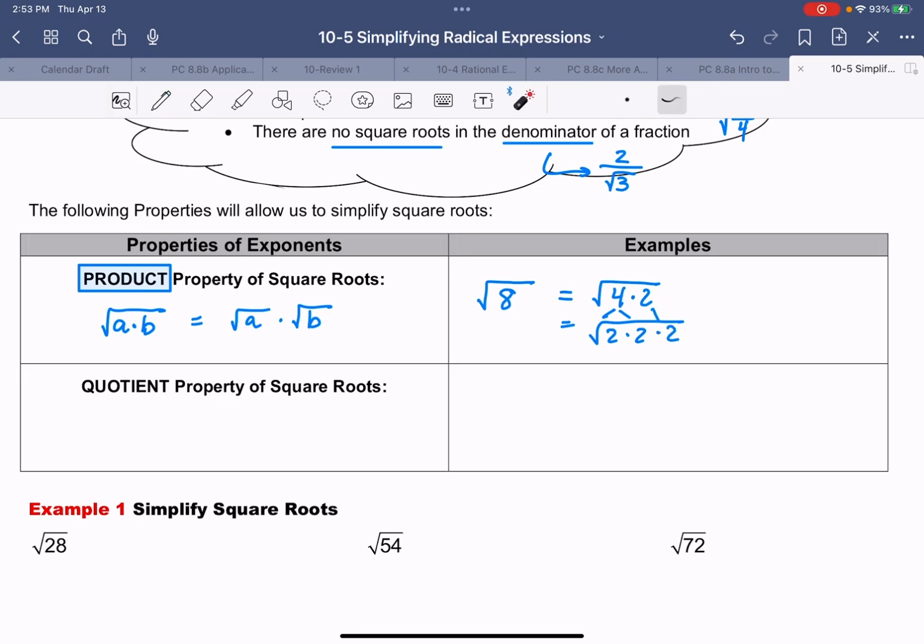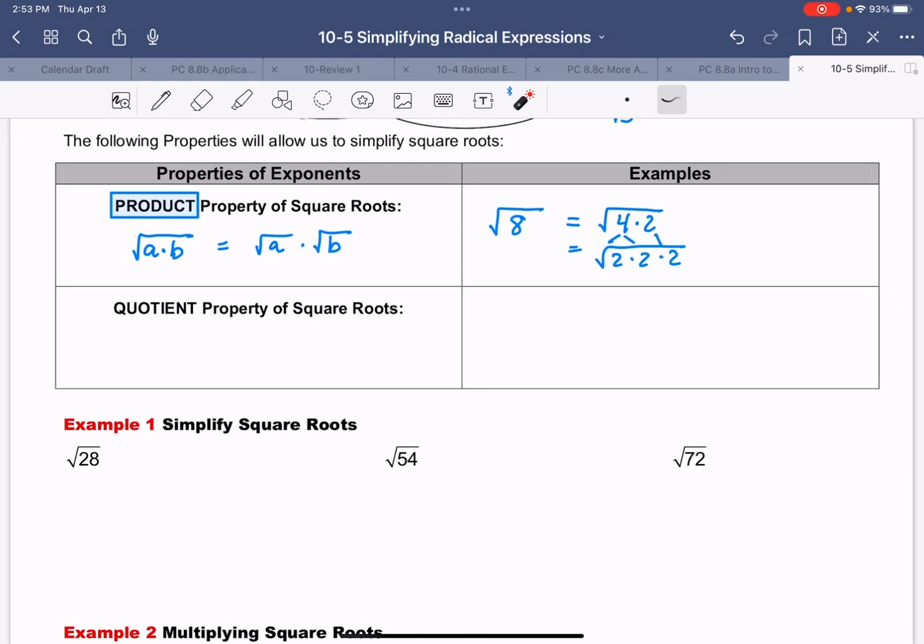We call this a prime factorization. I've broken down 8 into a product of its primes, where I can't go any further unless I did 2 times 1, which it's already prime.